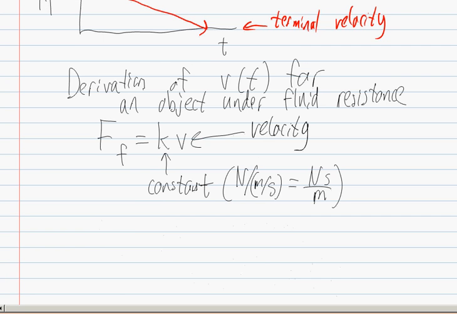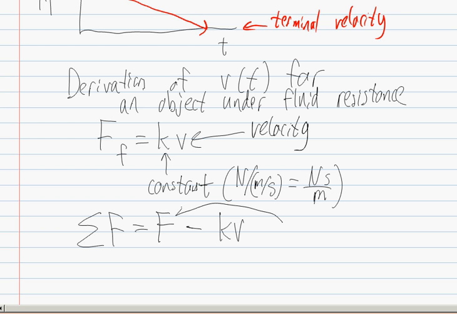Well, if we looked at the net force, it's just going to be whatever other force minus kV.